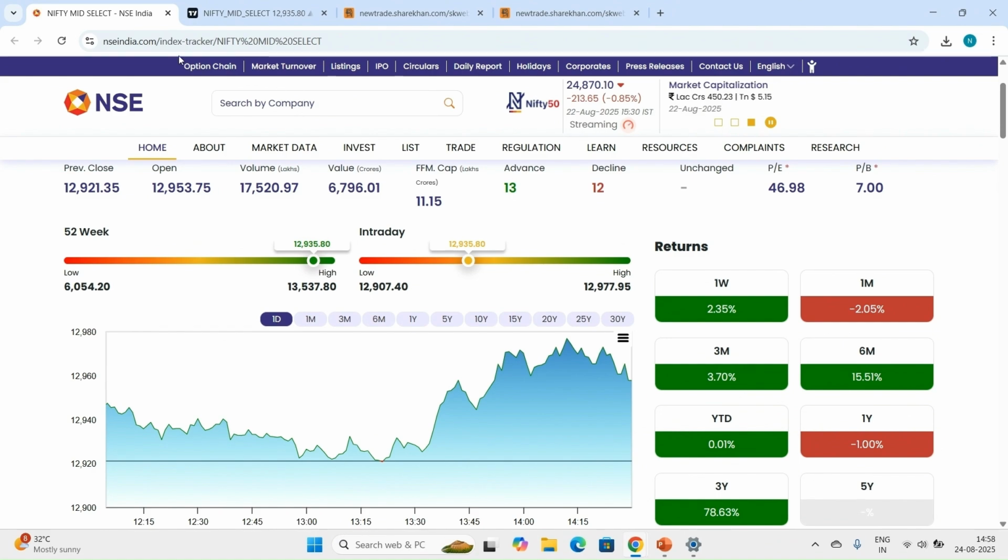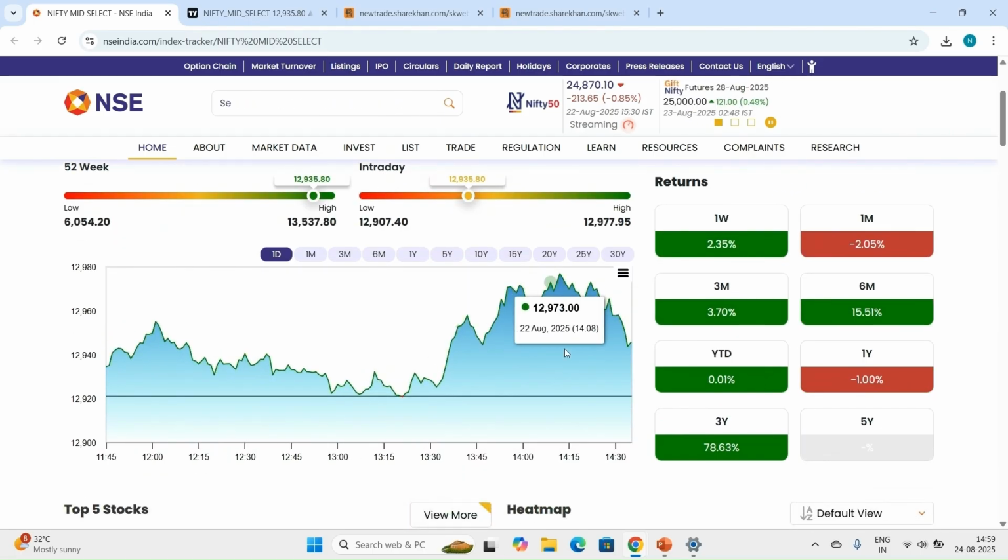I've taken the NSE site, where you can go to the index tracker for the Midcap Select. Always look at the 52-week low value, high value, and where the stock is currently trading. If it is trading near the high, then during the live market you can see how it is performing, where the charts are, and where the high and low are.